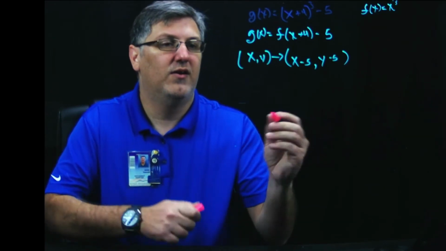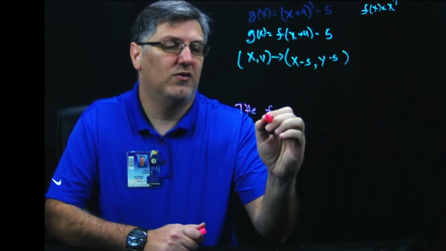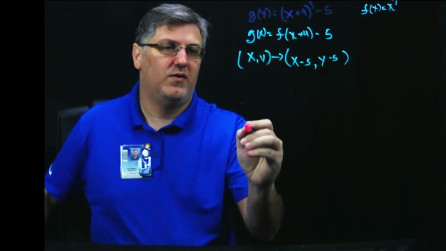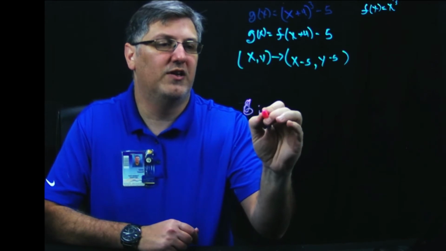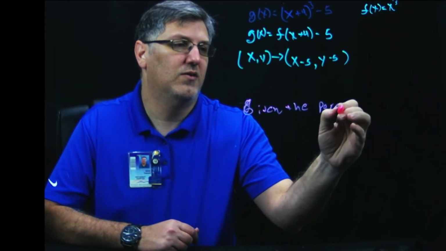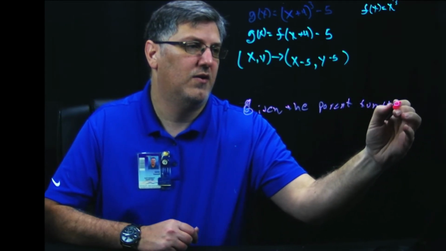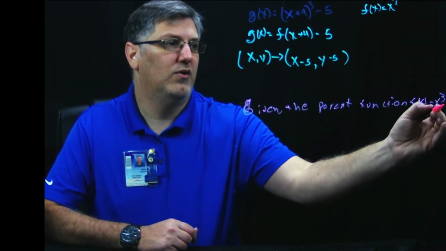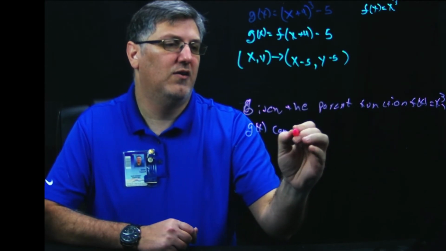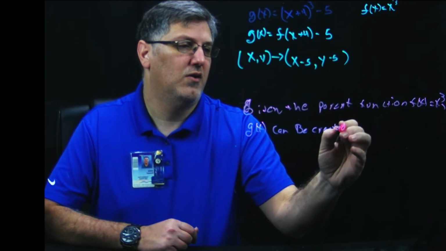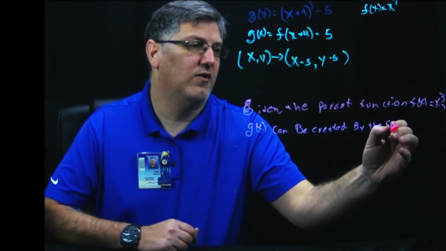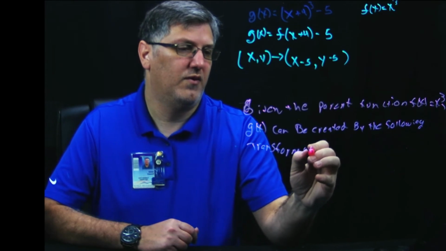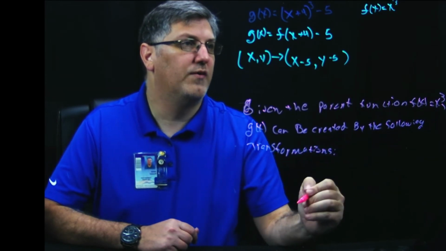We can say, given the parent function f of x equals x cubed, g of x can be created by the following transformations. Start with the capital letter, James. All right, and then put a colon there, and then just describe them.